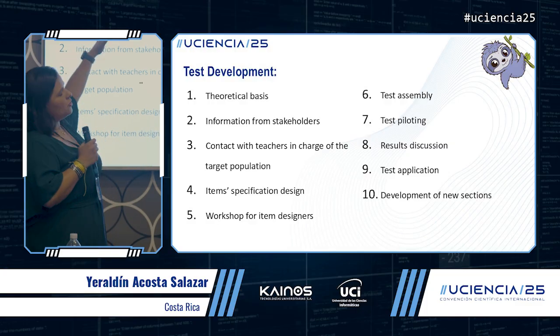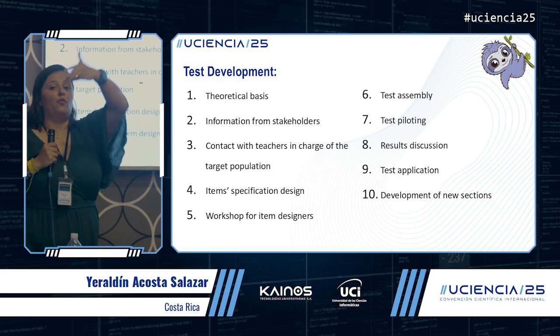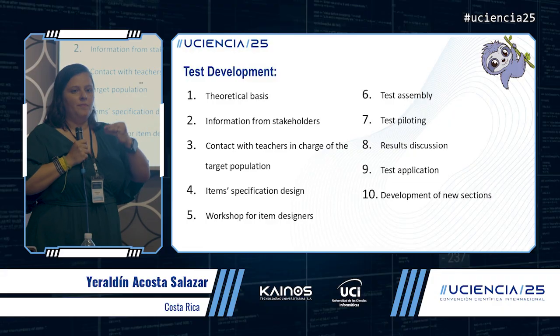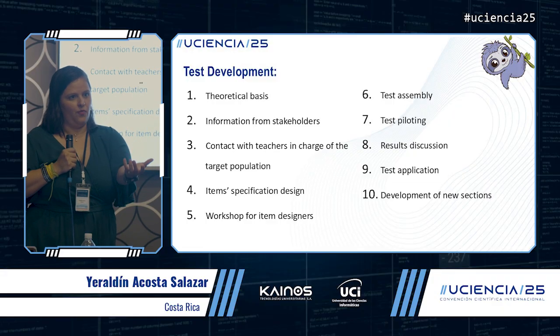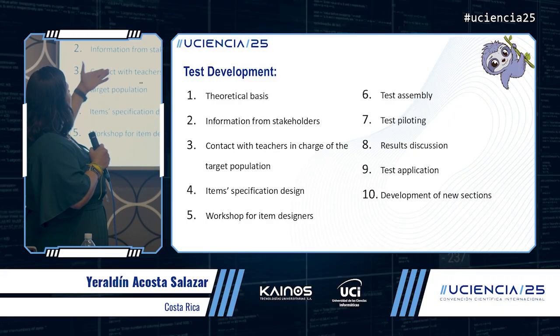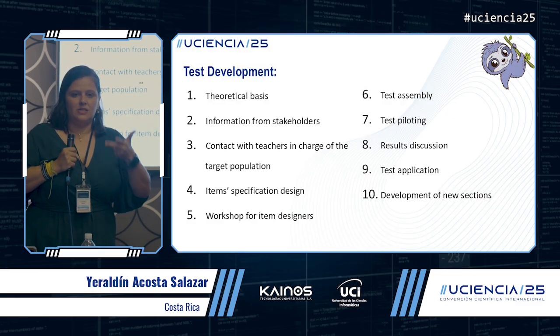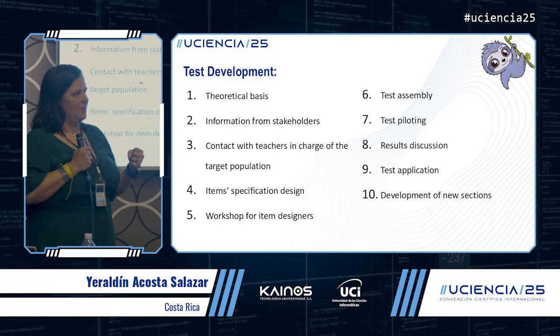So we also studied this from the perspective of what is done outside the country and also what is expected from the program that was developed for students in elementary school. We got information from the stakeholders. MEP said, we want this, and that, and we had to adapt it.